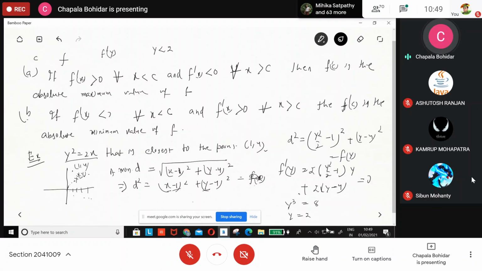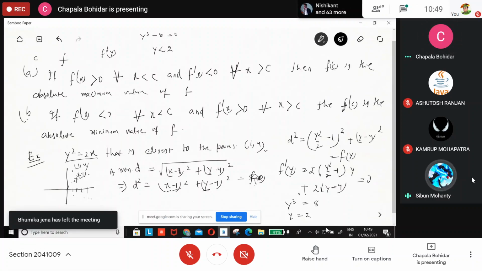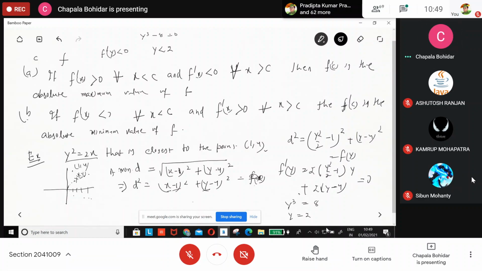We are getting our equation. I am writing here y cube minus 8 equal to 0. It is less than 2 means we are getting it is less than or greater than? It is less than. Yes, very good. It is less than 0. Then again, f dash y, is it less than or greater than 0 if y is greater than 2, according to this condition?